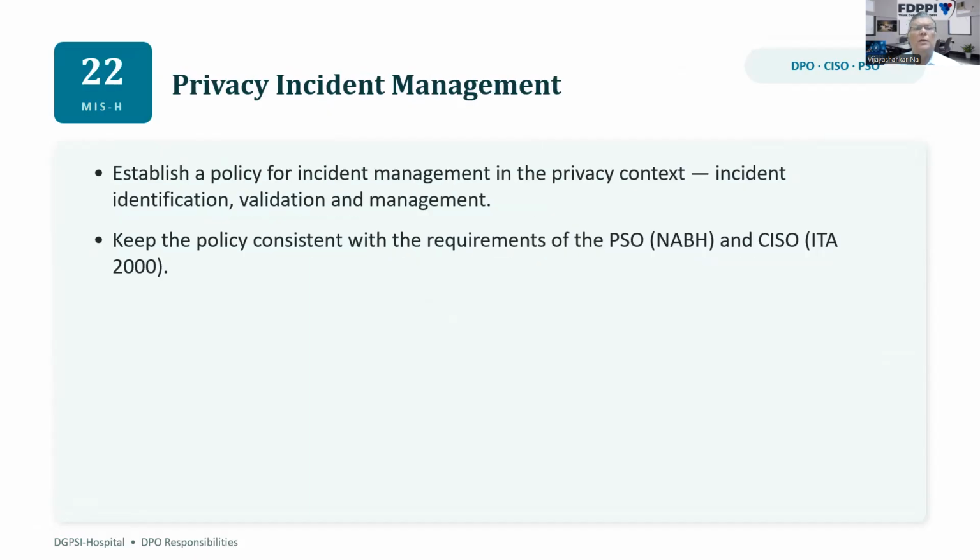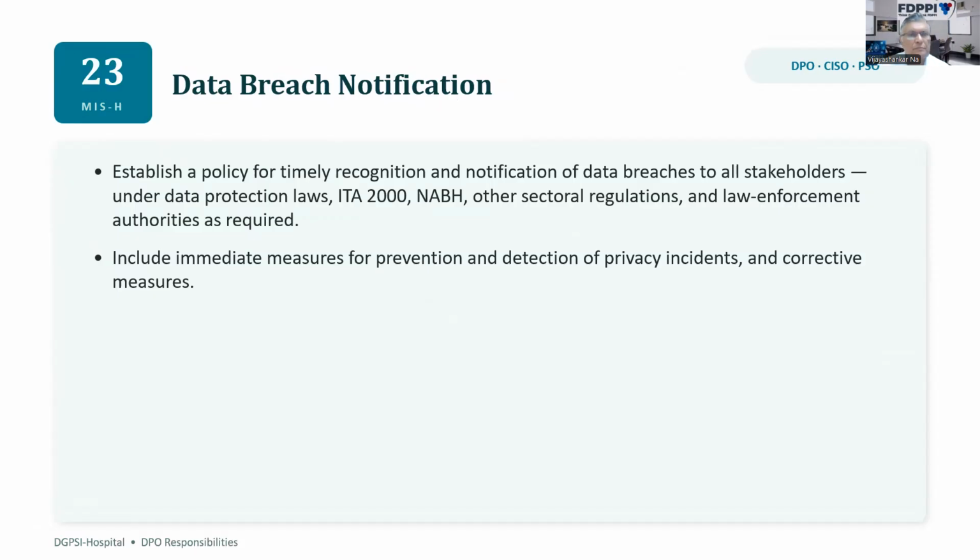Now, MIS 22 is about the incident management. So establish a policy for incident management in the privacy context where incident identification validation is related to the DPDPA and not to any other ISMS system. Keep the policy consistent with the requirements of the NABH and, of course, ITA 2000.